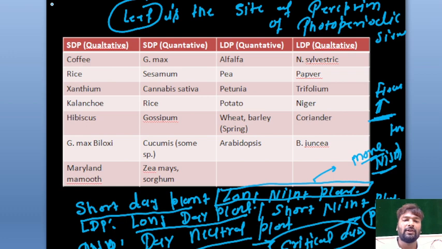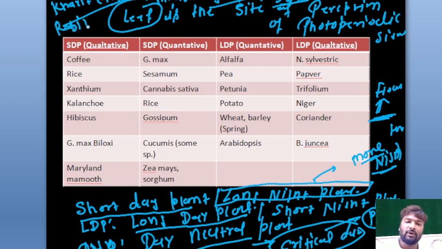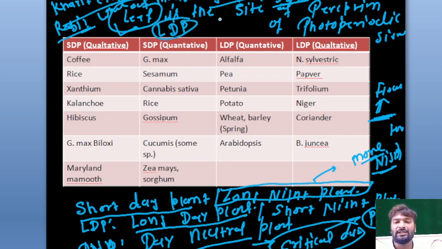Generally your kharif crops, growing during the monsoon season, June to July, are short day plants. The crops growing during the Rabi season, like wheat, oat, barley, are long day plants, and the crops grown during the summer season are generally day neutral plants, which can be grown in any season.